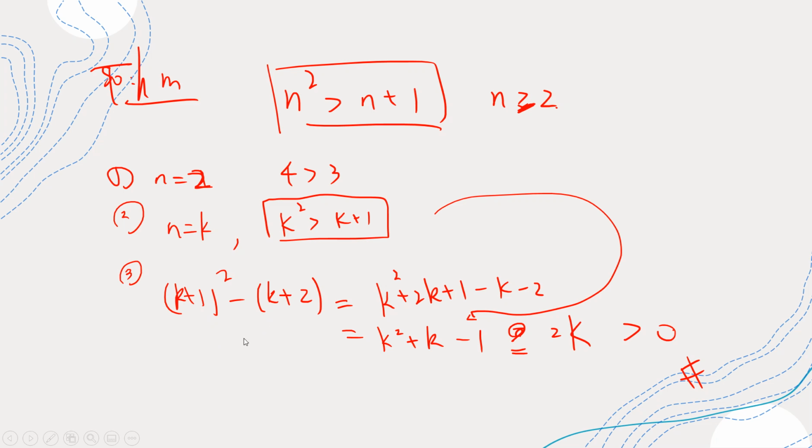So we just use their difference and hope the difference is greater than 0. (K plus 1) squared minus (k plus 2) is k squared plus 2k plus 1 minus k minus 2, so it's k squared plus k minus 1. By induction, k squared is greater than k plus 1, so this is greater than 2k, which is greater than 0. Okay, so we proved it. That's it.